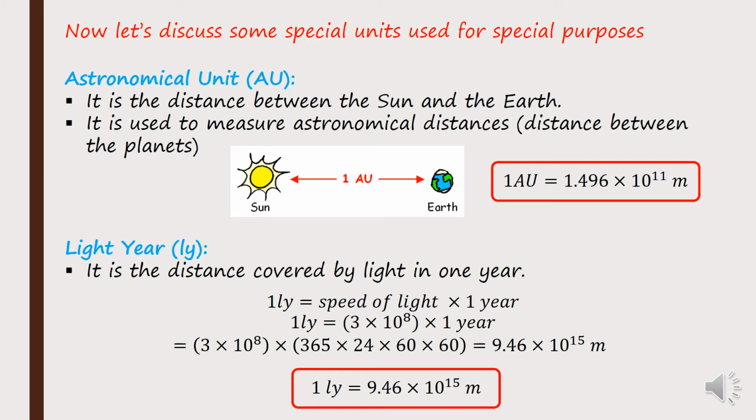So now we are discussing some special purpose units. We discussed the astronomical unit, which was the distance between the sun and the earth, and it was found to be 1.496 into 10 to the power of 11 meters. And then we discussed light year, which was found to be 9.46 into 10 to the power of 15 meters. So you can see the difference already.